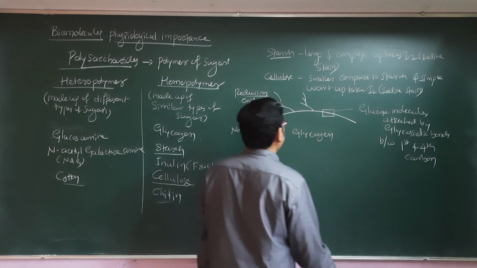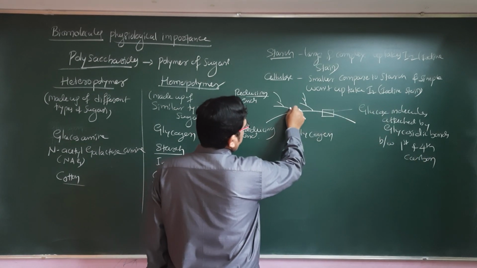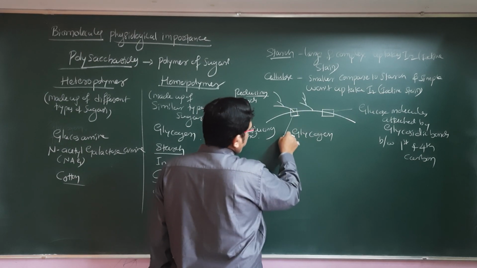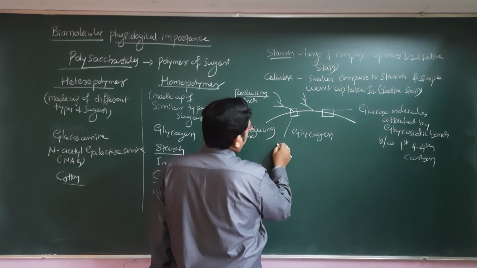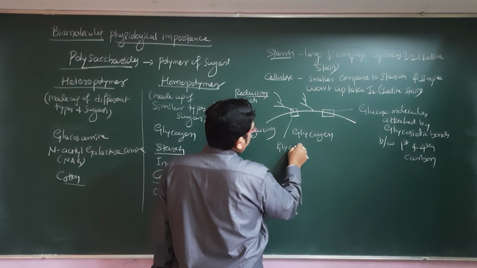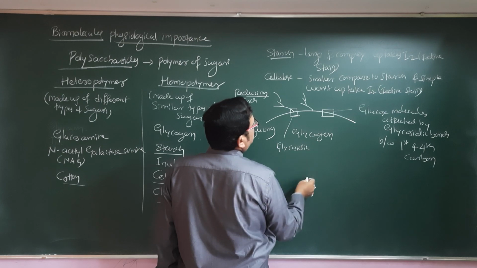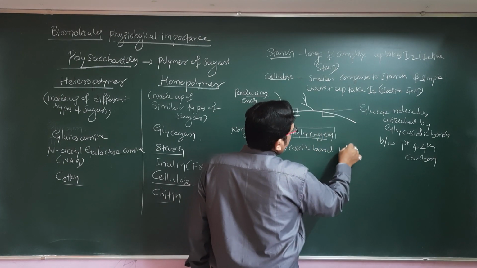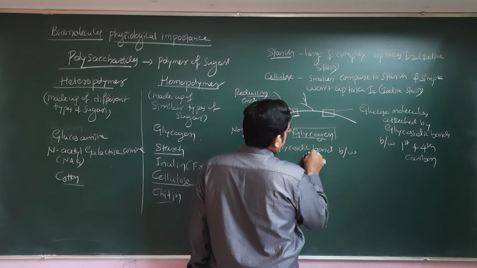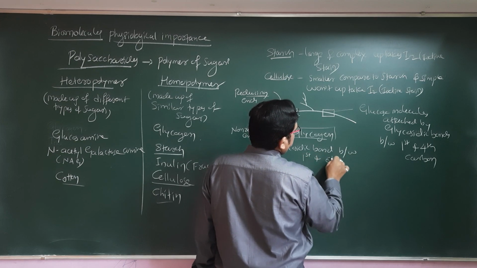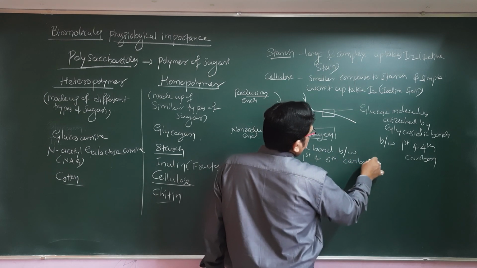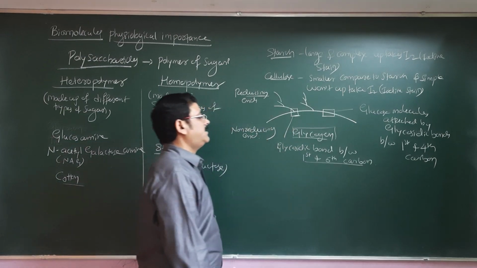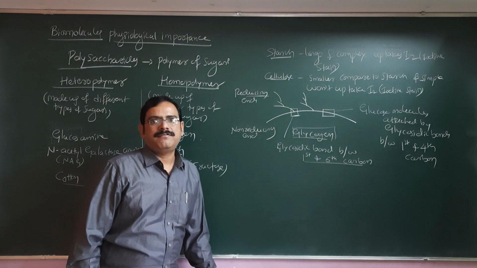I will show that. And here, what are the side chains? This is the glycogen we are studying: a glycosidic bond between the first and sixth carbon of the next. Okay, so let us understand how they are made up.